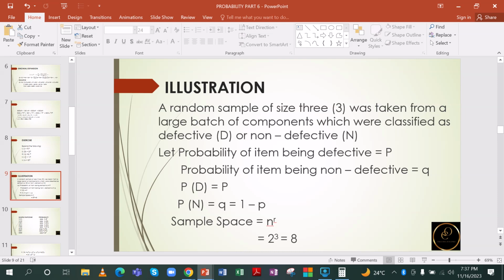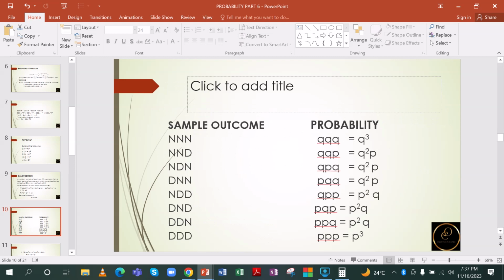If the probability of defective is P and the probability of non-defective is Q, then we can work them out in this manner: the first is Q times Q times Q, because it means non-defective followed by non-defective followed by non-defective.